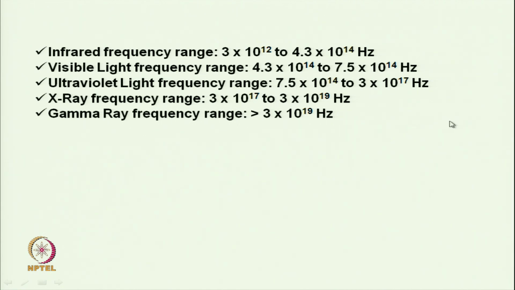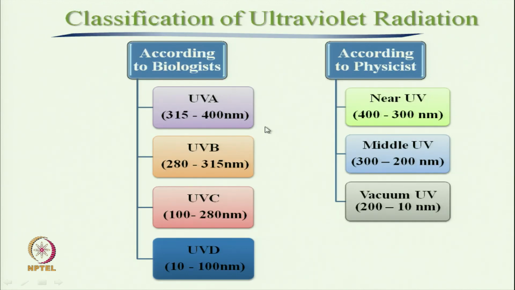This is the frequency range. So, as I have already mentioned, ultraviolet radiation is classified into 4 categories depending on the wavelength as per biologists: UVA, UVB, UVC, UVD, and as per physicists they are classified into near ultraviolet, middle ultraviolet and vacuum ultraviolet.